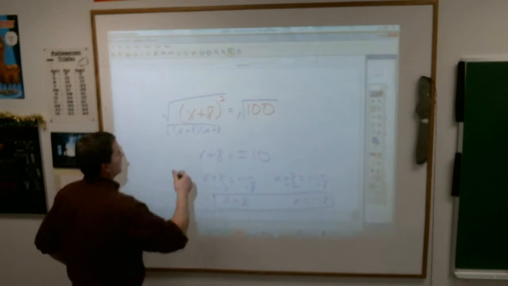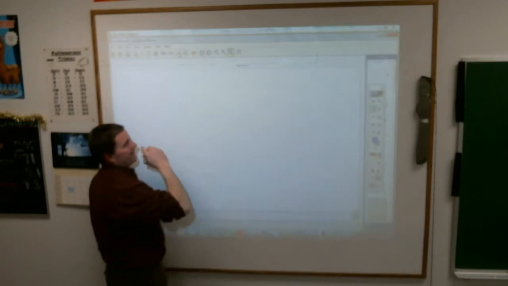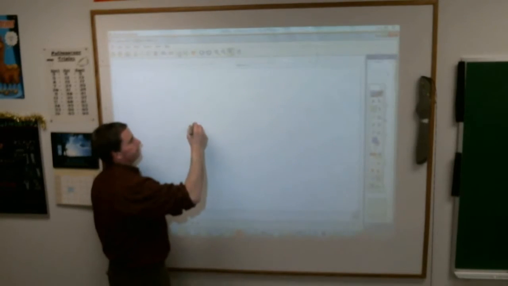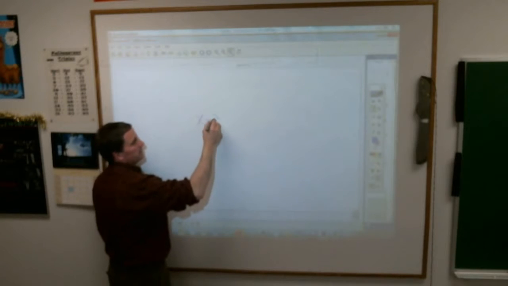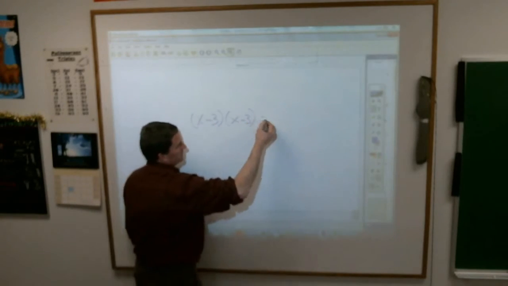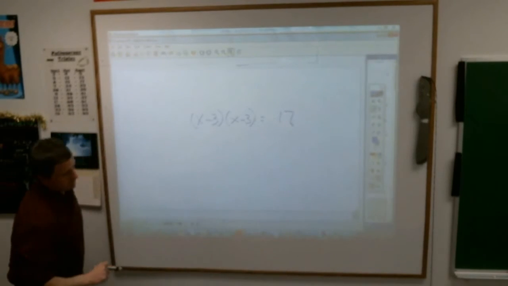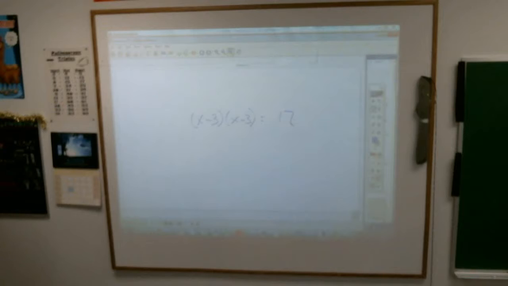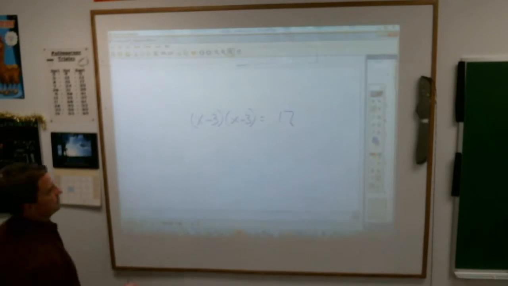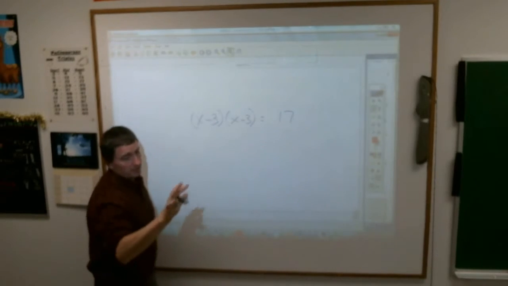Okay? Now, Holly brought up this question here. What if I have this? What if I have, I don't know, x minus 3 times x minus 3, and it equals something awkward like 17? 17 is going to end up being an irrational number because it's not going to work out. But let's look at what happens. This is all that's going to be different.